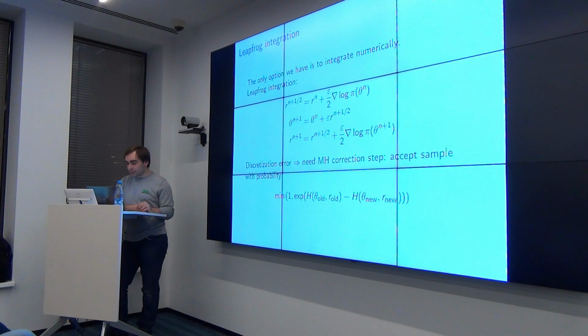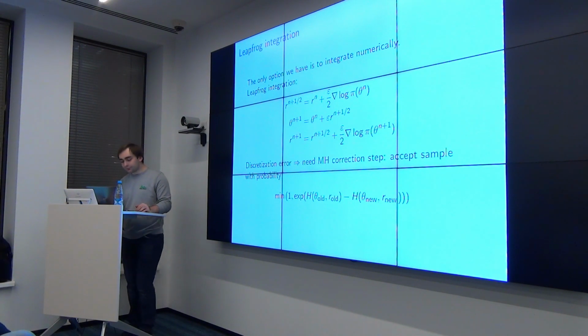It's just 3 equations, one half step by r, then one full step by theta, and then another half step by r. And as we introduce some discretization error, we need Metropolis-Hastings correction, because it's no longer true that Hamiltonian is the same. It can be slightly different, and so we need correction.